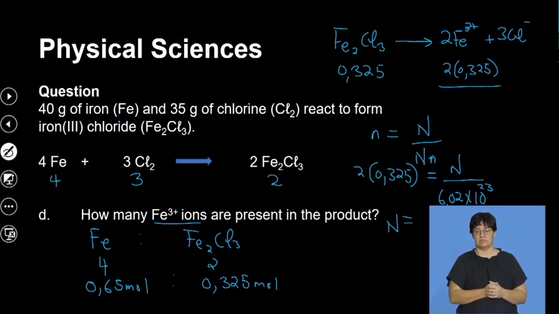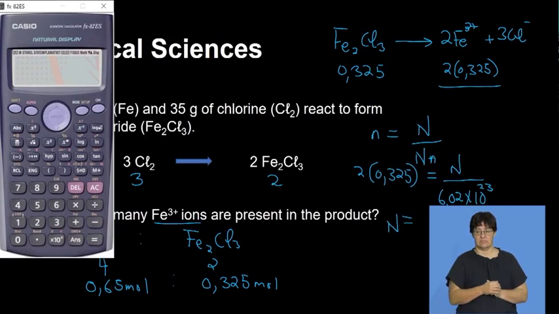So if that's the case, we'll go to our calculator. What does it give us? It's a product, so we can isolate the number of particles, which means it's 2 multiplied by 0.325 times the Avogadro number, 6.02 times 10 exponent 23.